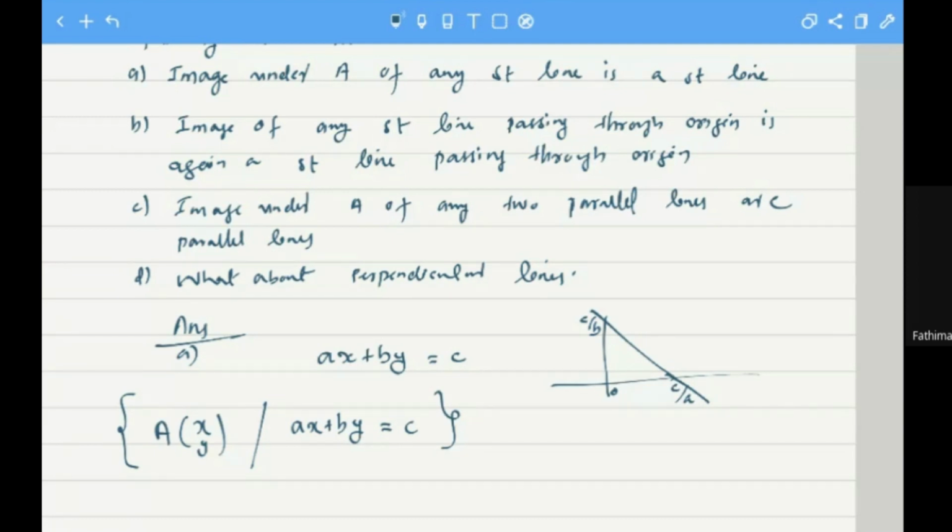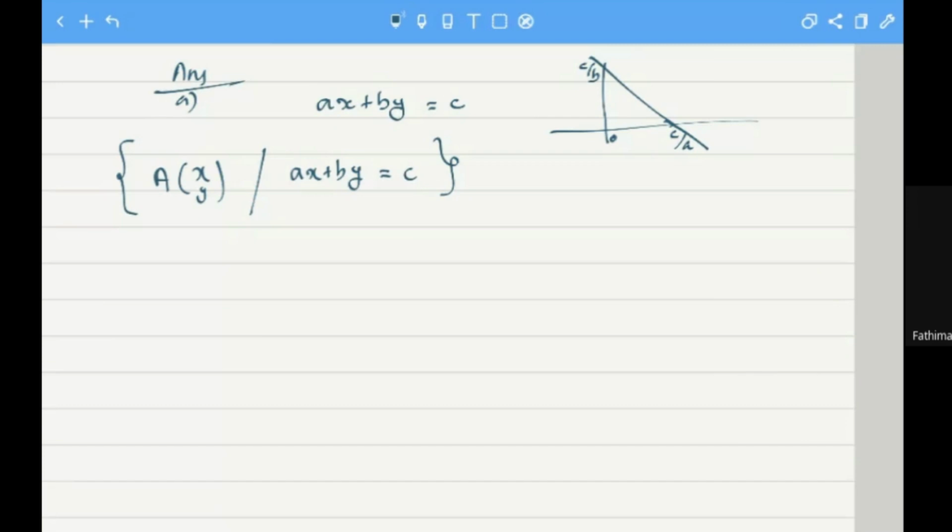Now, I can write this equation as a matrix: (a b) times (x y) equal to c, in terms of the row matrix (a b) and the column matrix (x y).